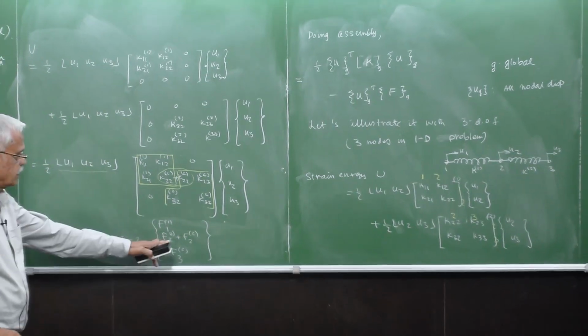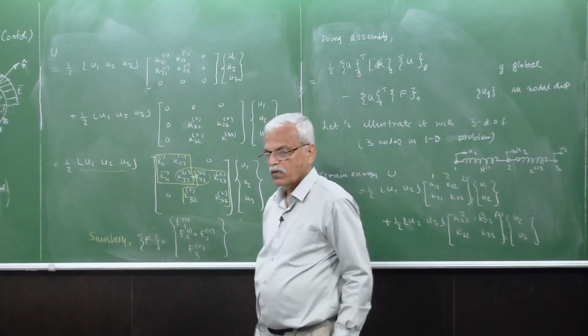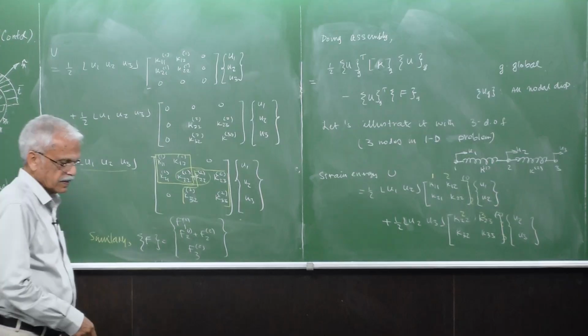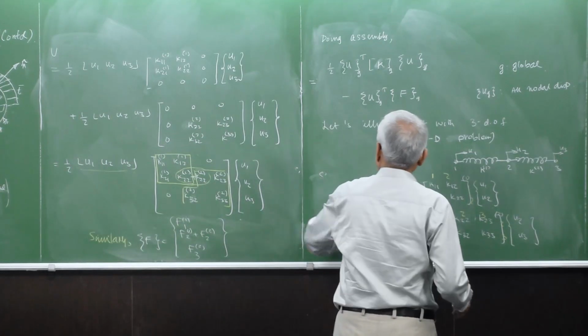The second component of this vector comes from both the elements, so they have to be added. Like this, we can add and assemble it into a global thing.